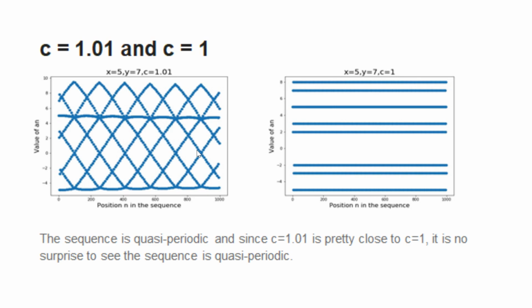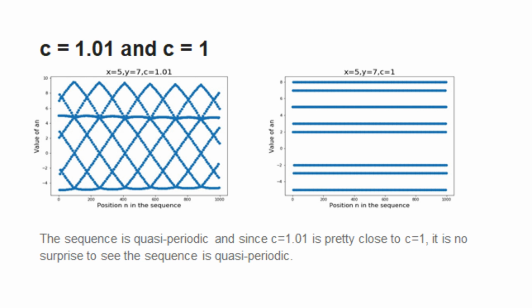What happens when C is larger than 1? The first pair of values, 1.01 and 1, is selected. Both of the graphs show an incredibly elegant pattern. The first graph is quasi-periodic, and it's not surprising to see such an elegant graph, since the number 1.01 is pretty close to the number 1.